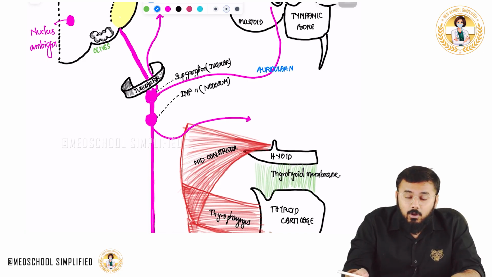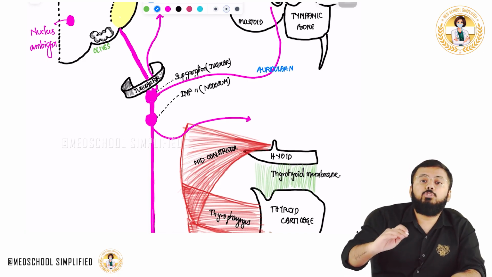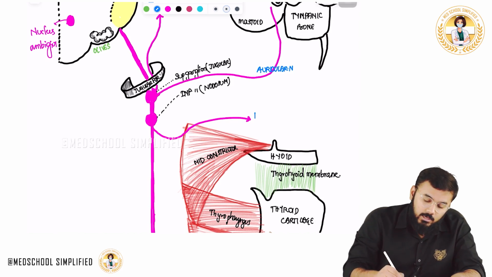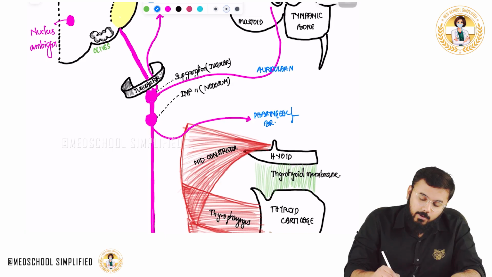What will happen later on? This pharyngeal branch will join with some other branches and become a plexus called the pharyngeal plexus.